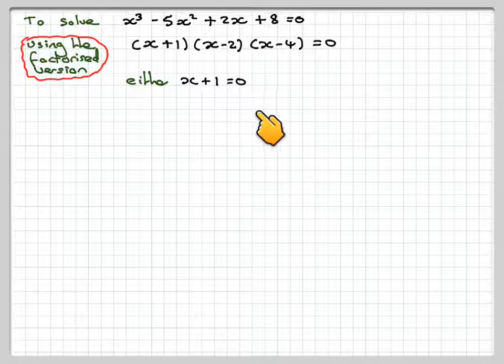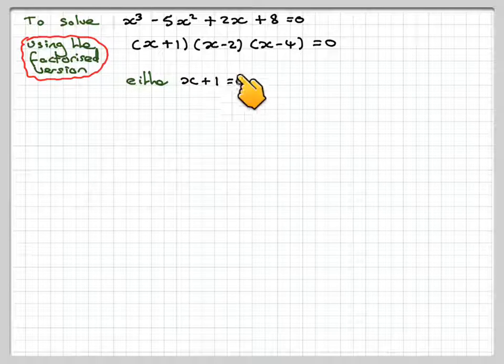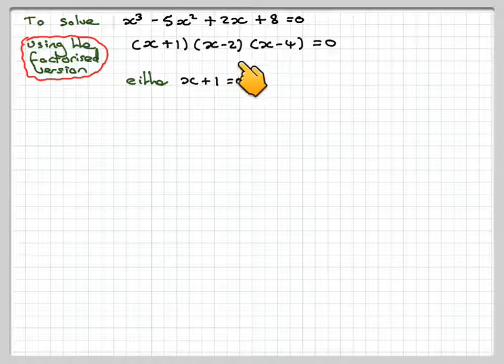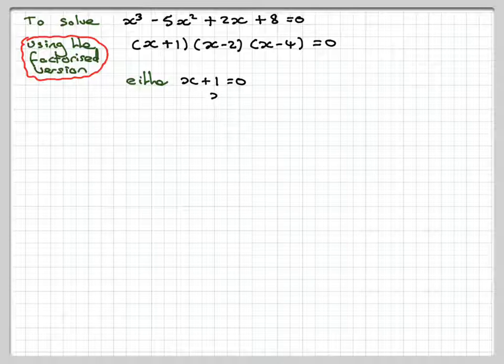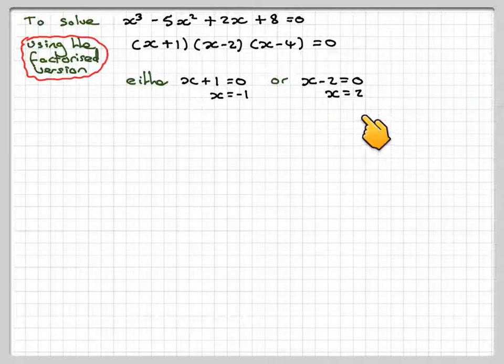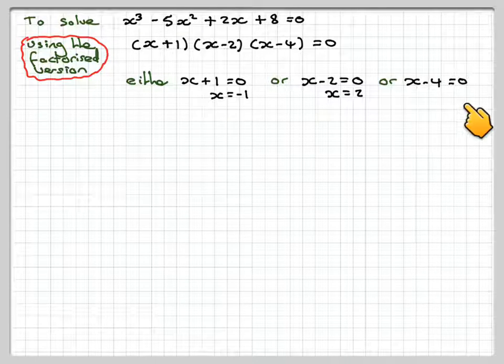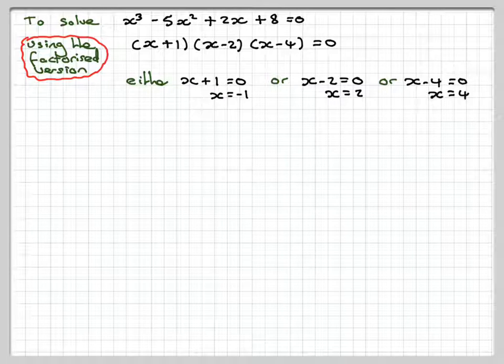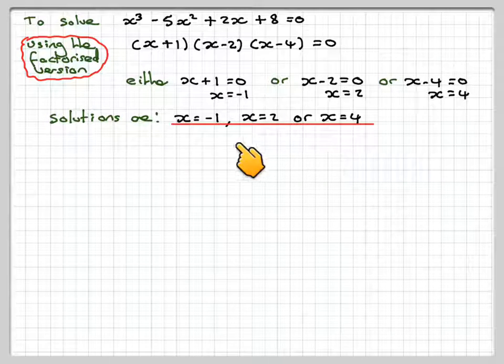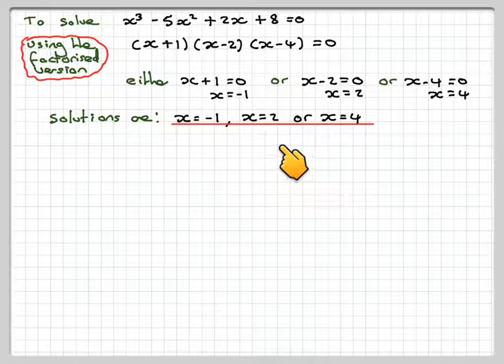So for this to be equal to 0, either x plus 1 is equal to 0, or x minus 2 is equal to 0, or x minus 4 is equal to 0, or two of them are equal to 0, or all of them. So x is equal to minus 1, or x minus 2 is equal to 0, so x is equal to 2, or x minus 4 is equal to 0, so x is equal to 4. So the solutions are x is equal to minus 1, x is equal to 2, or x is equal to 4.